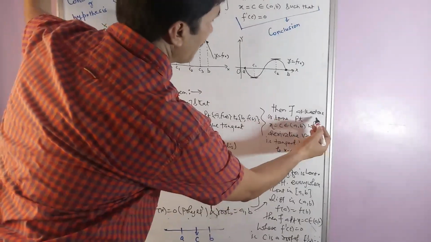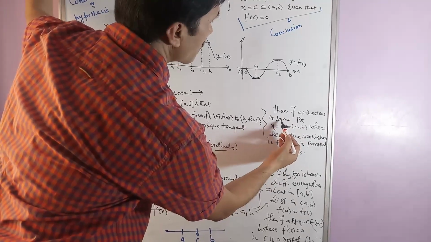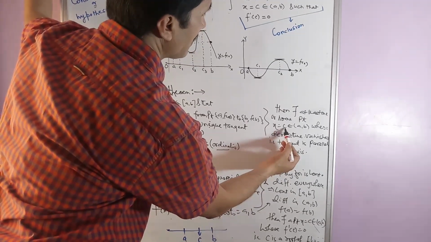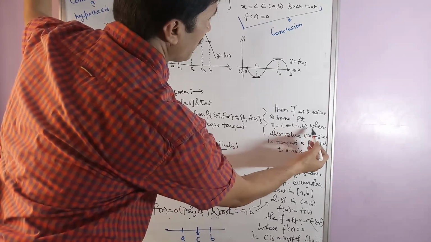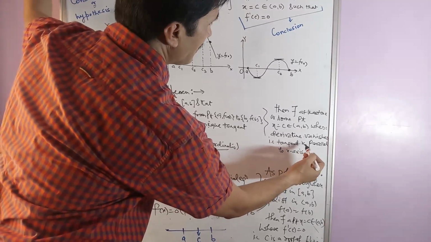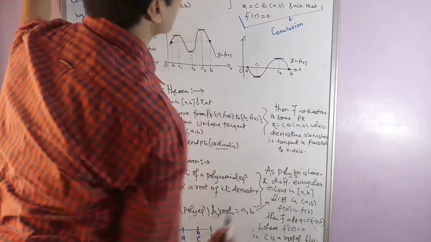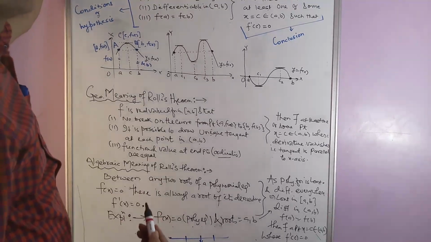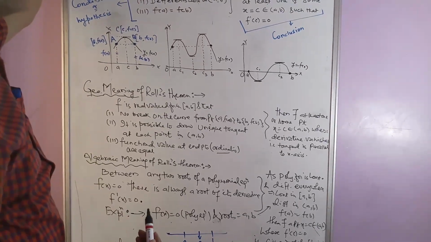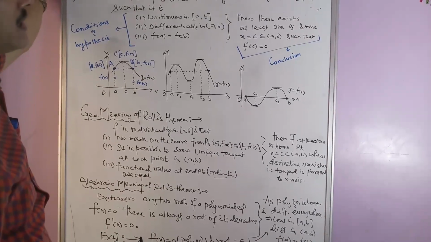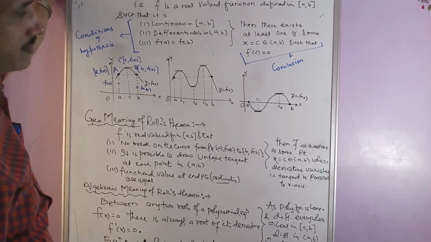Then there exists at least one point x, say c, belonging to the open interval (a, b), where the derivative vanishes, that is, the tangent is parallel to the x-axis. We know the geometrical meaning of differentiability: f dash c means the slope of the tangent at the point x equal to c to the curve.